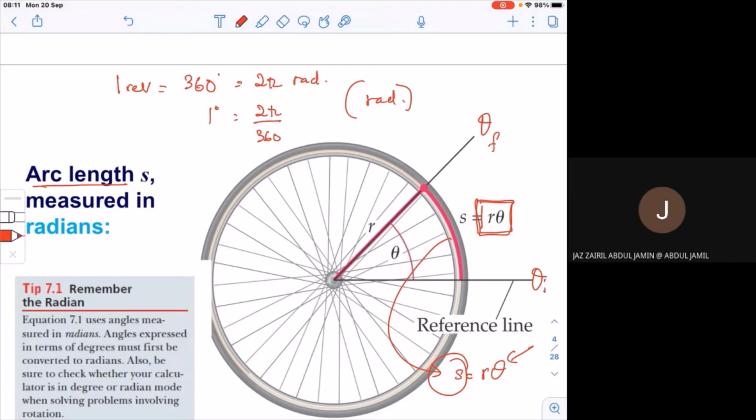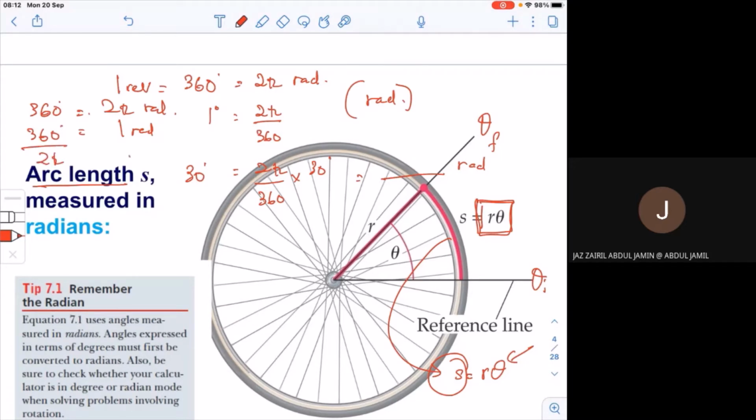So if you want to find 30 degrees, you take 2 pi over 360 times 30, and you get the value in radian. And 360 degree is equivalent to 2 pi radian, so 1 radian is equivalent to 360 degree divided by 2 pi.